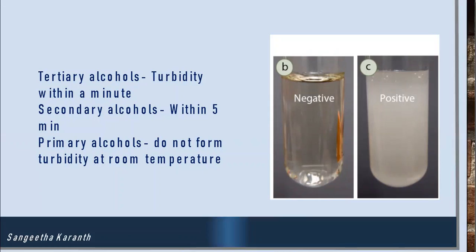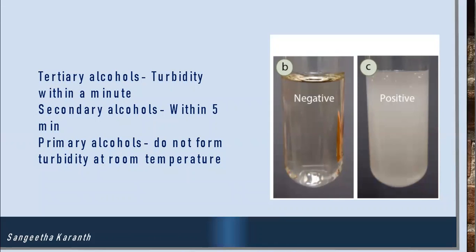Suppose the turbidity occurs, but after some time, that is within 5 minutes, then we can say that the alcohol which we have taken is a secondary alcohol. Same way, if the turbidity is not formed at all at room temperature, and only after heating you observe this turbidity, then we can say that the sample of alcohol which we have taken is primary alcohol.